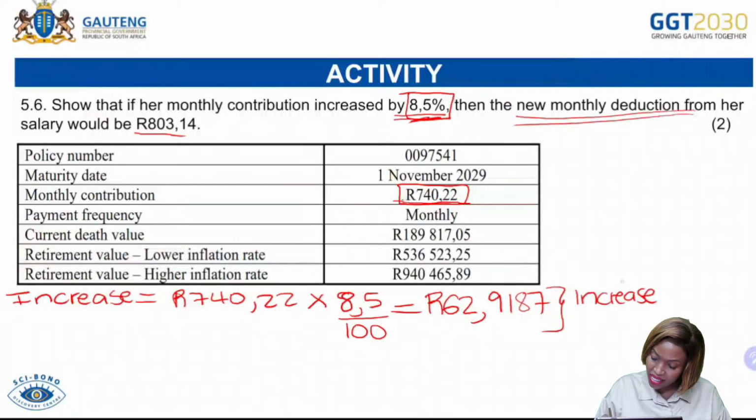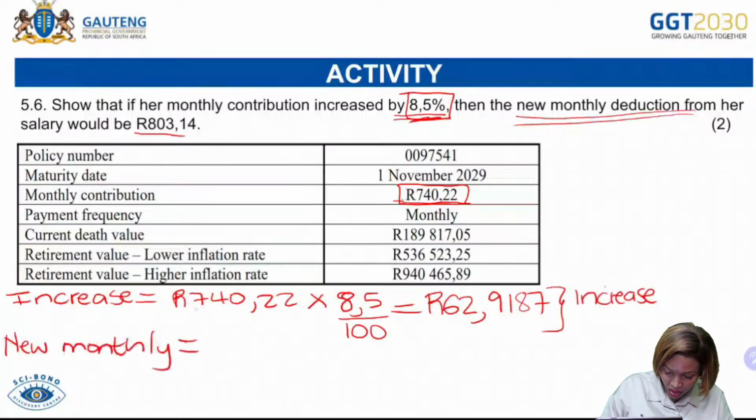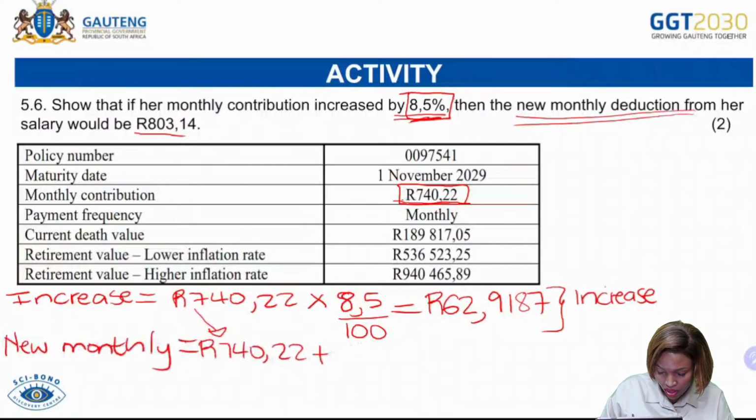So since this has increased by this amount, to get the new monthly deduction, we will take the original, which is 740 Rand and 22, plus the increase. The increase is 62.9187. I'm including all the decimals.